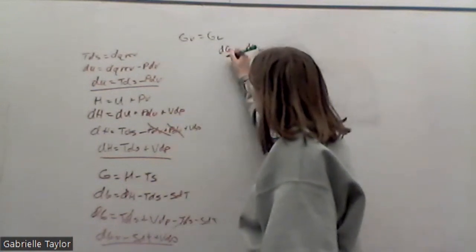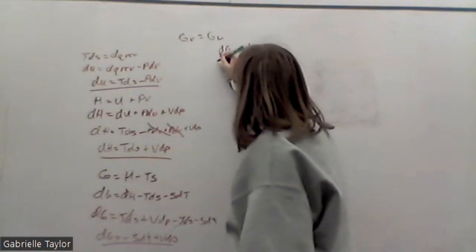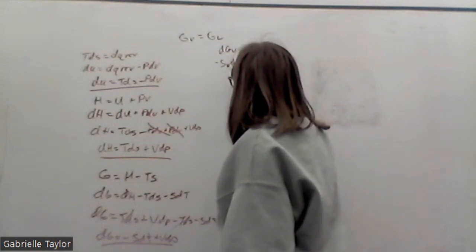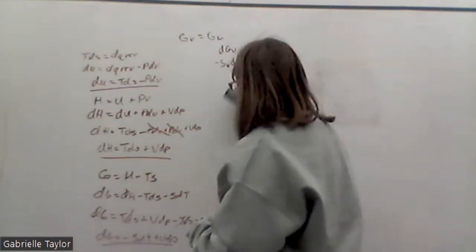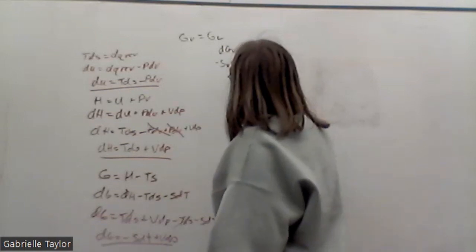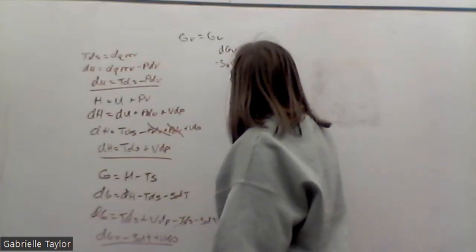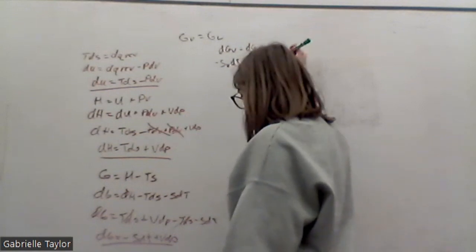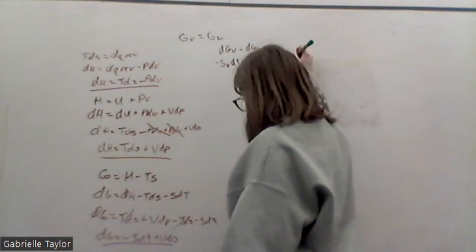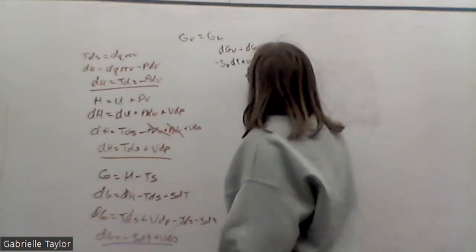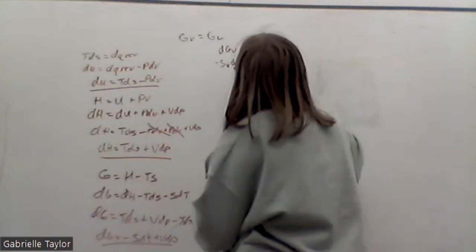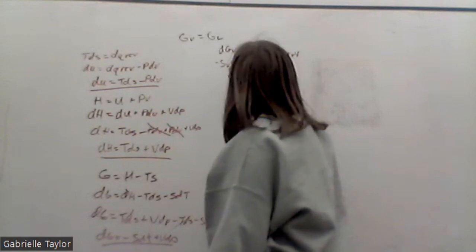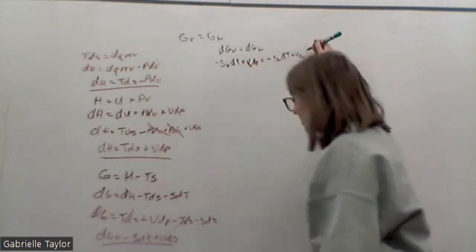So now we have negative S_V dT plus V_V dP equals negative S_L dT plus V_L dP. We're going to want to put this in our vapor as well, and this is going to be our liquid dP.